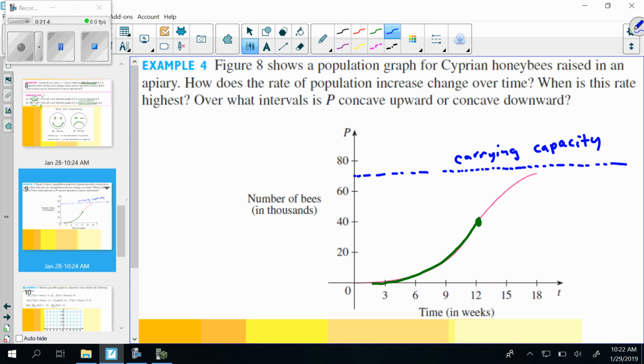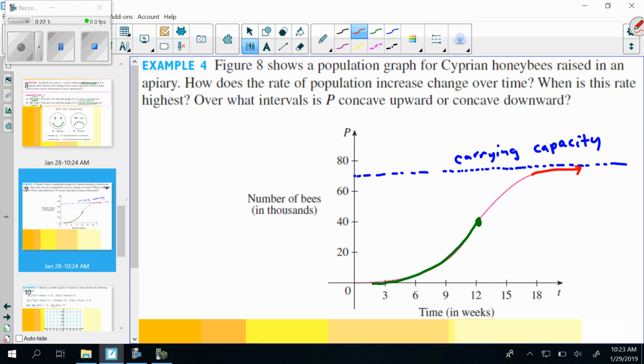So as that exponential graph keeps increasing, sooner or later it's going to slow down, and the number of bees here are going to start approaching that carrying capacity because there's not enough resources for it to live. And so to answer some of these questions, how does the population increase over time? Well, right away it increases exponentially, and then it starts going towards its carrying capacity.